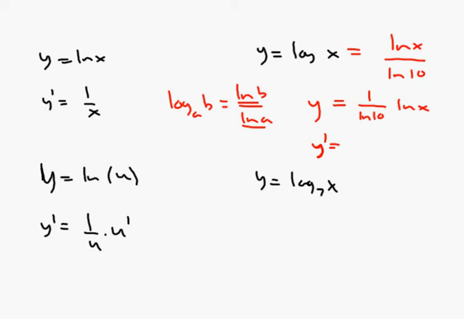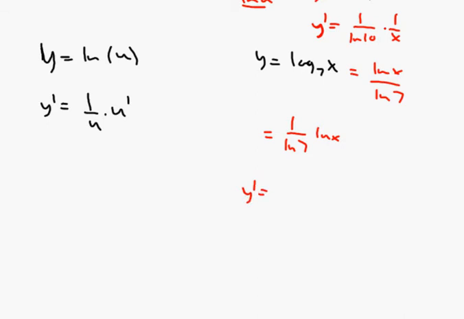The derivative of the function is 1 over x, and it just gets multiplied by that coefficient. So you get 1 over the ln of 10 times 1 over x, and that's not a dot product, it's just times, okay? So we're clear. You could do the same thing here. You can write this as the ln of x over the ln of 7. So then think of that as 1 over the ln of 7 times ln of x. And then your derivative, y prime, is the coefficient times the derivative of the function.